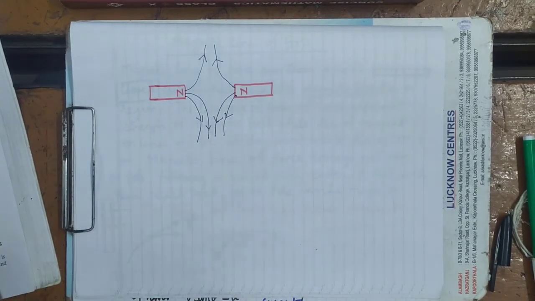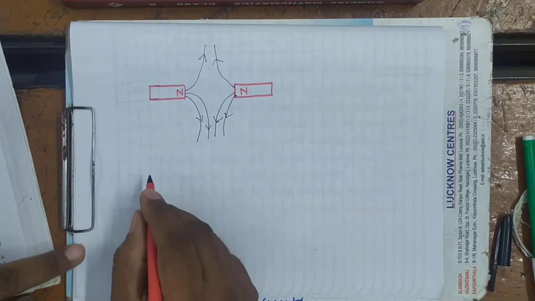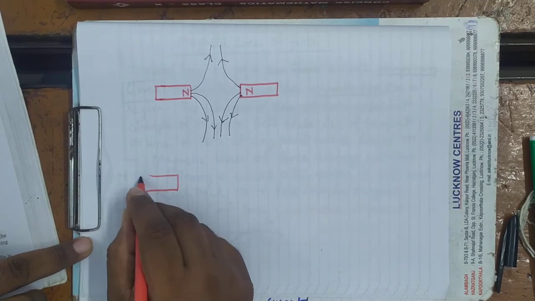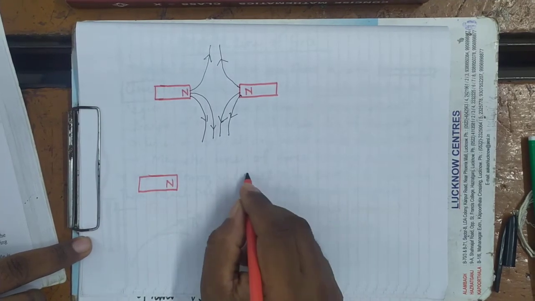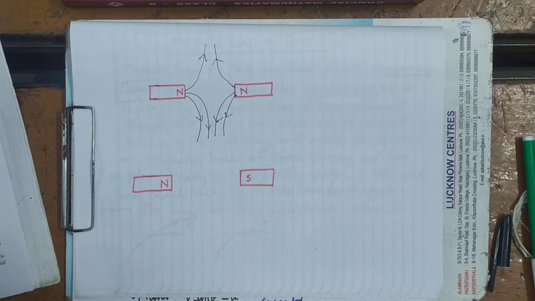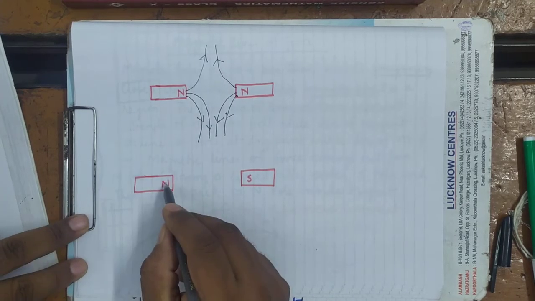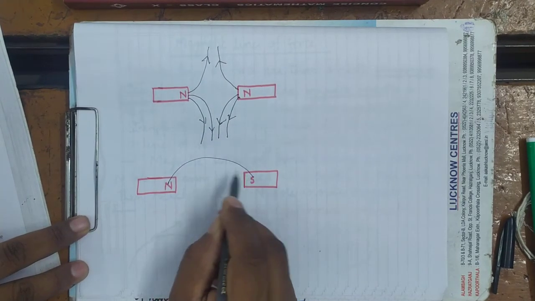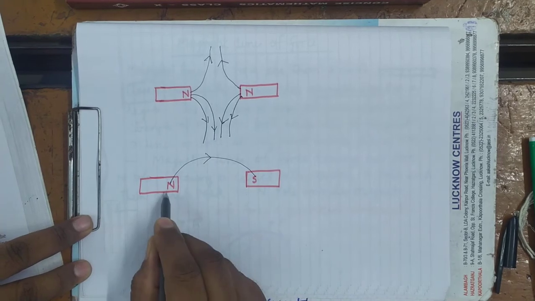If you see in between two unlike poles, suppose this is the north pole and this is the south pole, then what will be the pattern? You can see here lines of force will start from north and terminate at south. It's clear.